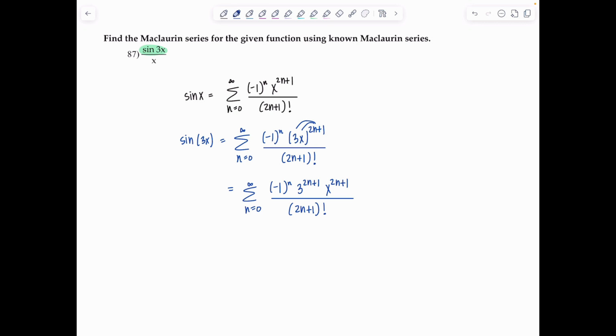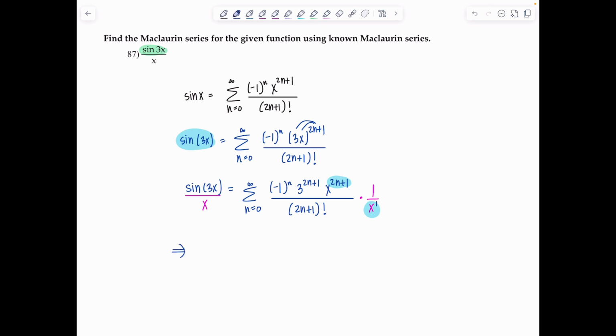Okay, now let's see, are we there yet? Do we have f of x? Well, right now I just have sine of 3x over here. To make it match the function given, I need to divide by x. I need to multiply by 1 over x. And always, from here, simplify as much as possible. The x to the 2n plus 1 and x, I can simplify because this is x to the first, right? And then this is just going to become x to the 2n in our final answer.